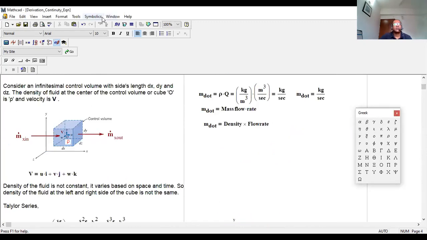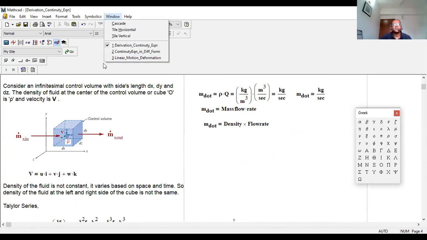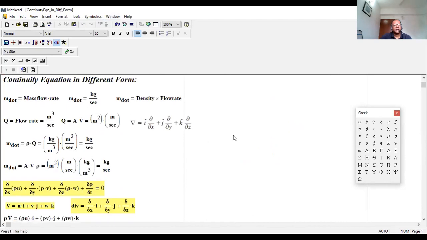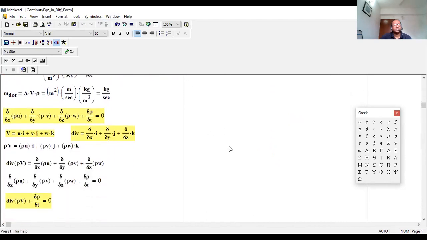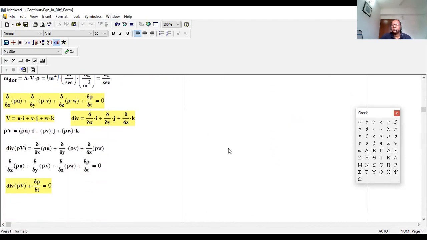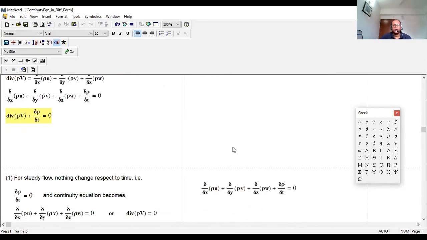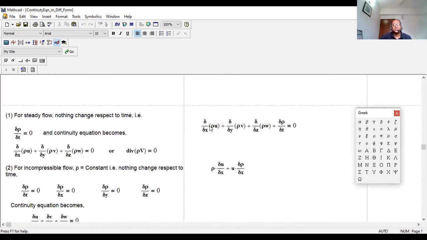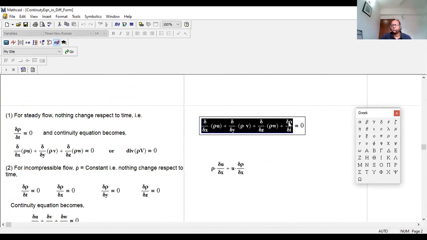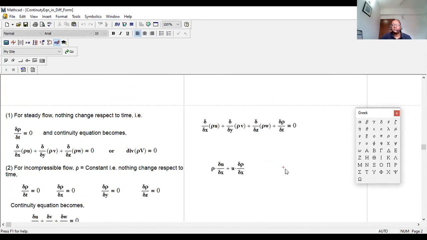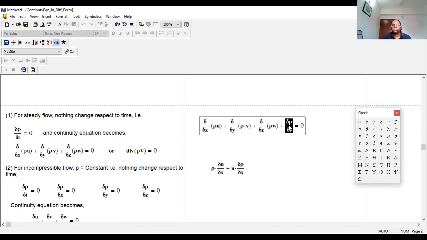Okay, now I'd like to show you how this continuity equation can be used for different cases of flow. This is my continuity equation, and this is a time derivative, changing with respect to time.